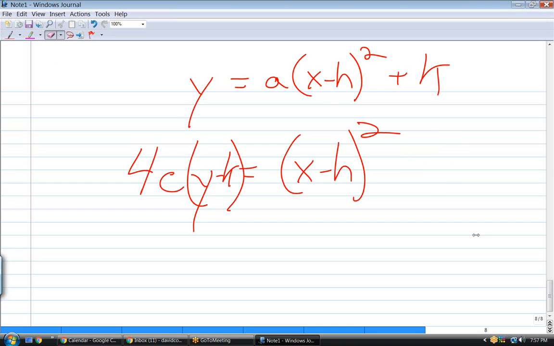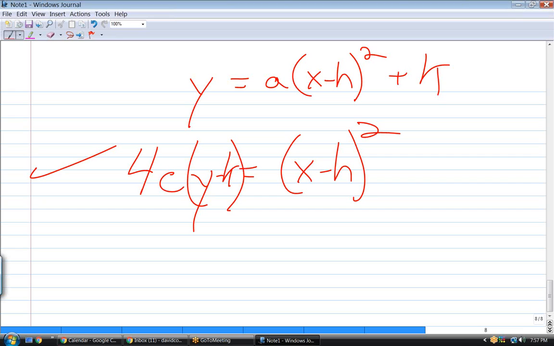In other words, if you use this format for your parabola, you will know where the focus is, and you'll also know where the directrix is, and you'll still know where the vertex is.